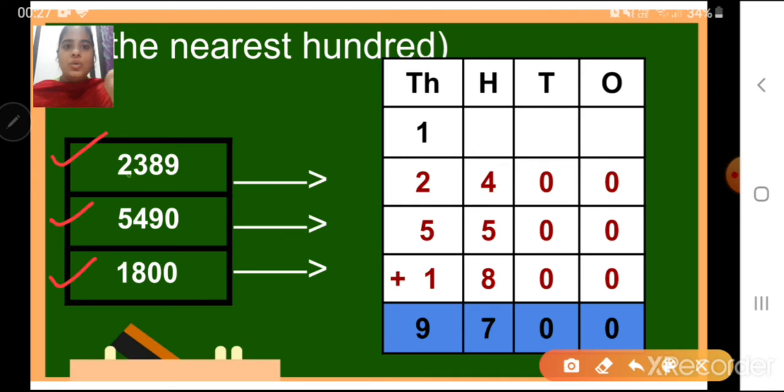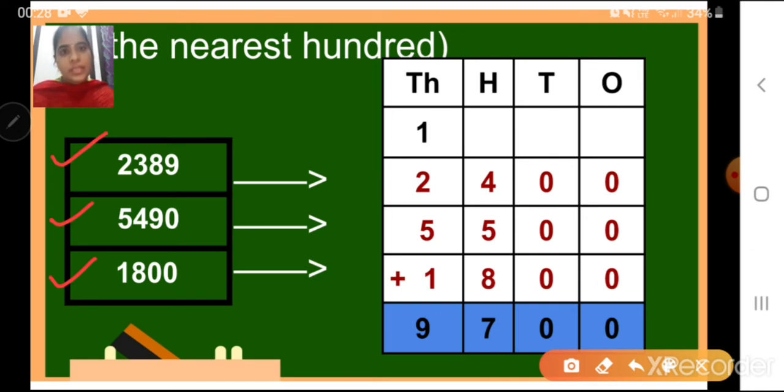What is 2389 rounded off to nearest hundreds place? How we will do to the nearest hundreds place? First we have to look at the number at the tens place, correct? If they have asked 100, we will see the tens place. At the tens place, if it is 4 or less than 4, we have to put 0 at tens and ones place and the hundreds place will not change.